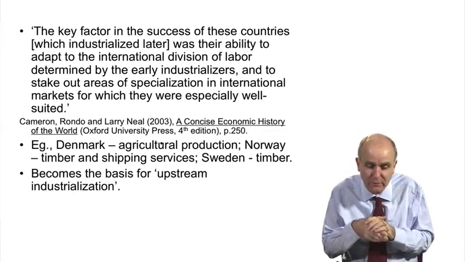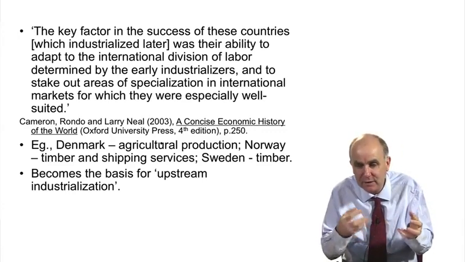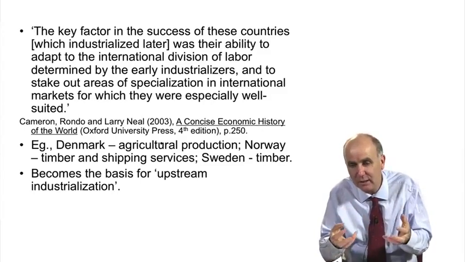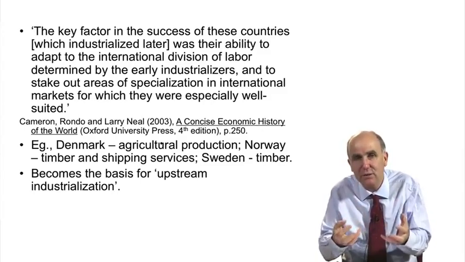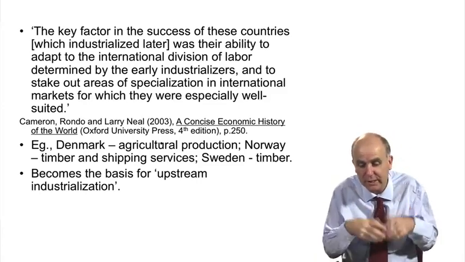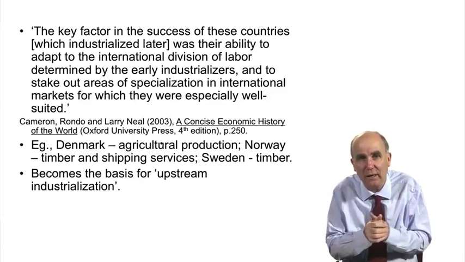And so that basically means Germany and France and Belgium and England have staked out to be the producers of steel and iron, the heavy industrial equipment, chemicals as well, electrical goods. So these other countries had to fit into that schema somehow.